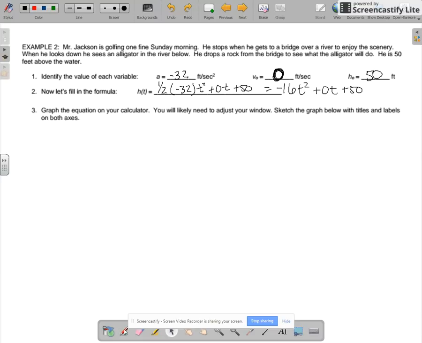So we have our graph, 1, 2, 1, 2, 5, 10, 15, 20, 25. Or we're just going to go by tens. So 10, 20, 30, 40, 50. Okay, we're there. We're a little bit before negative 2 and a little bit before negative 2.